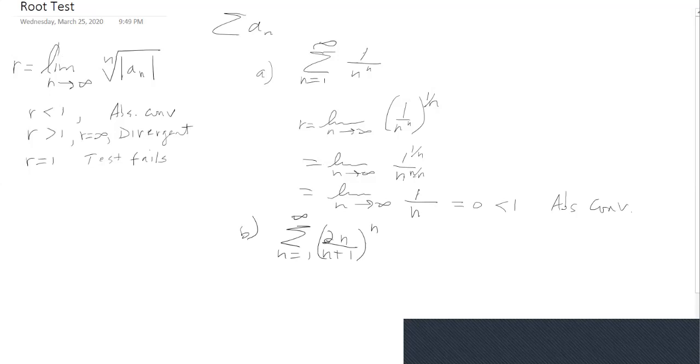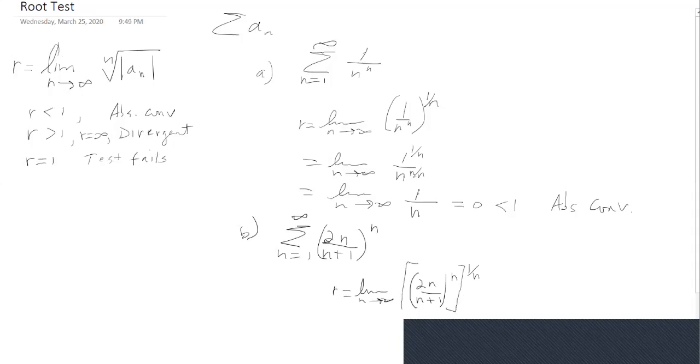But this test is tailor-made for this problem. So we let r be equal to that limit, and we're going to have this 2n plus 1. And I don't need the bars in this case. It's to the nth power, and I'm going to raise that to the 1 over n.